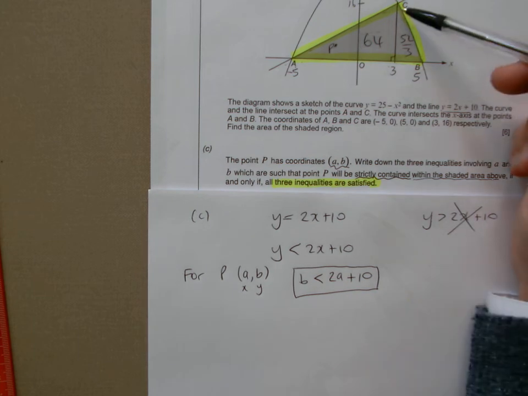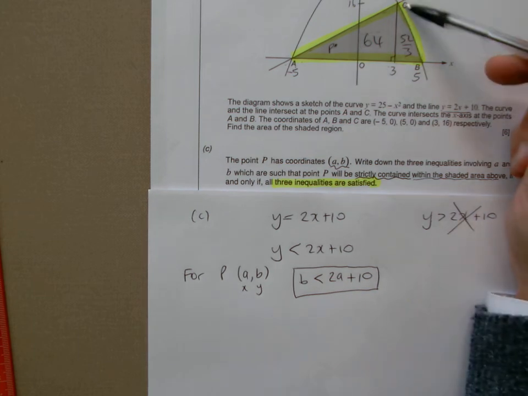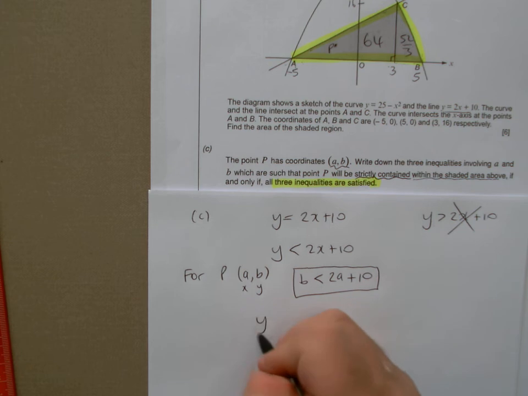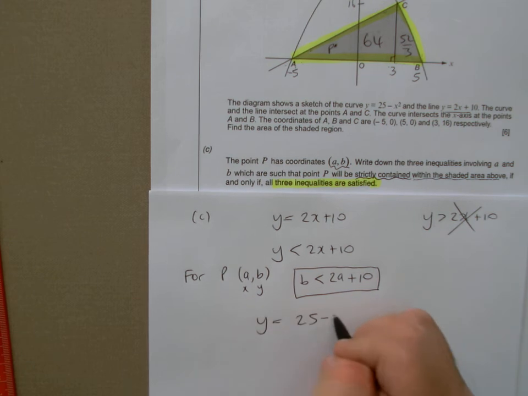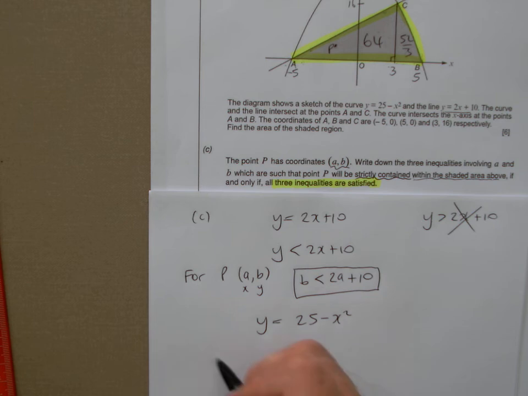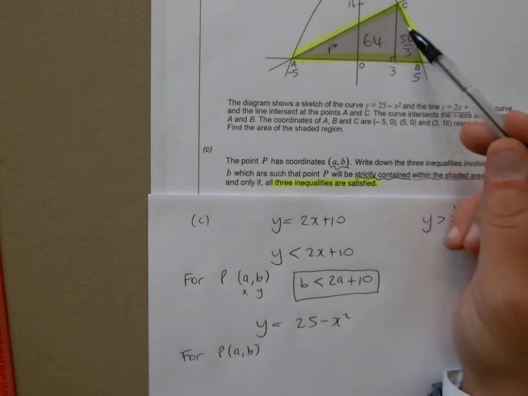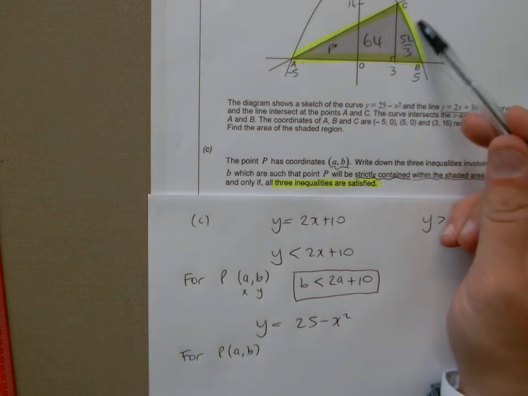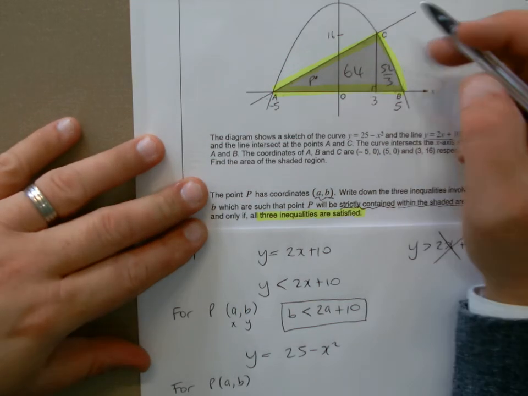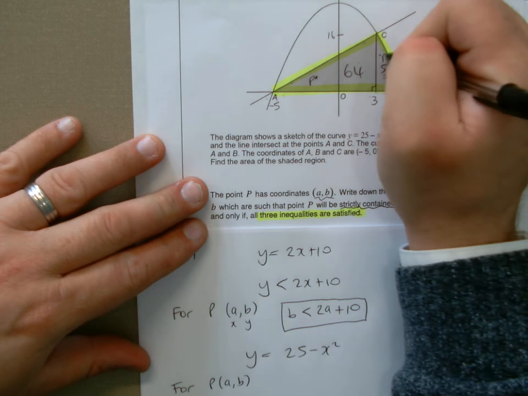Now let's look at the curve bit here. The curve will be y equals 25 minus x squared. And we consider the same situation, right? For P (a, b), let's think about where we want our point. Well, do we want it to be above the curve? My point P could be here, couldn't it?